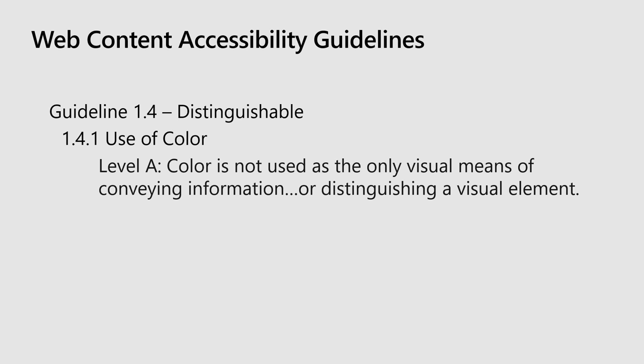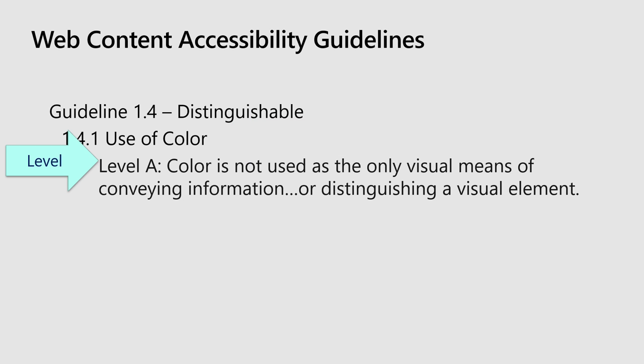So here's an easy example of one of the guidelines in the WCAG standards. The way that they work is there's an overall guideline, so 1.4 distinguishable. And then there's success criteria about, in this case, the use of color. How do I use color on my page?